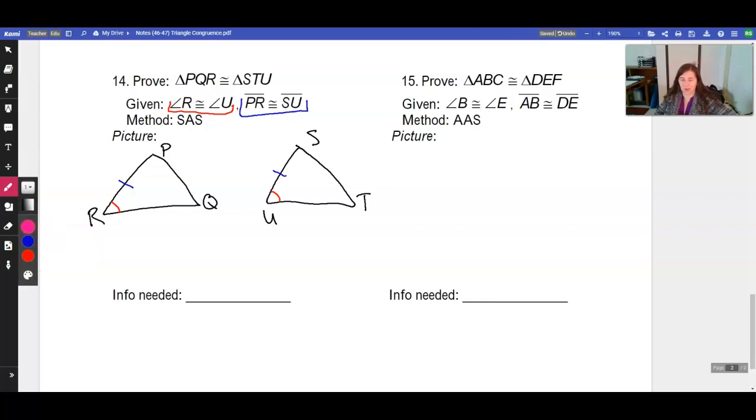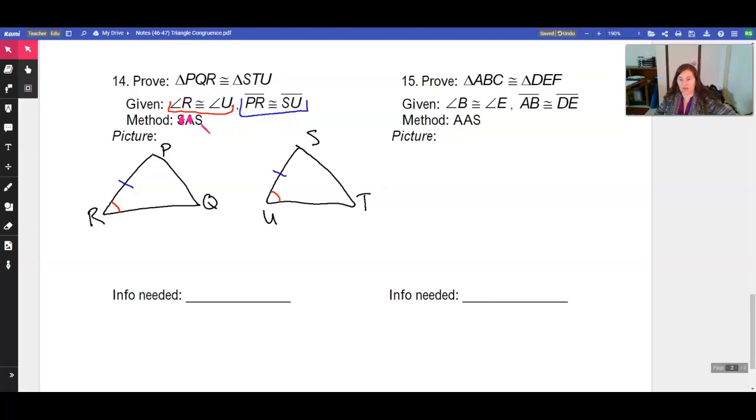It is asking me to prove side, angle, side. So we already have an angle and we already have a side. So we've already got 2 of those pieces. We need another side. The important thing about that second side is I want it so that when I mark the side, the angle is in the middle. Okay?